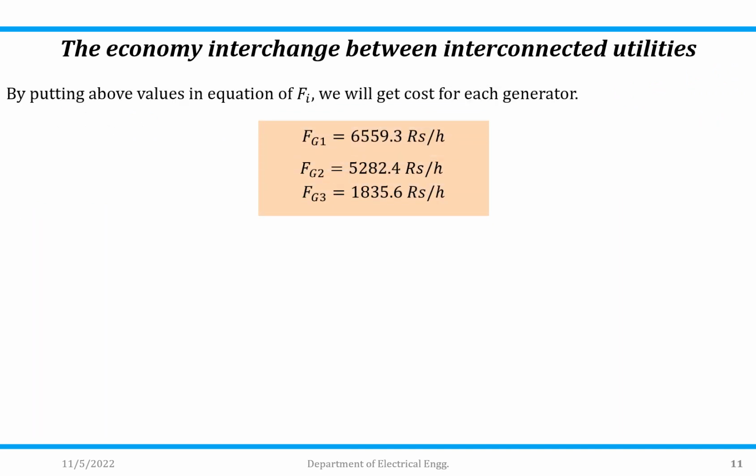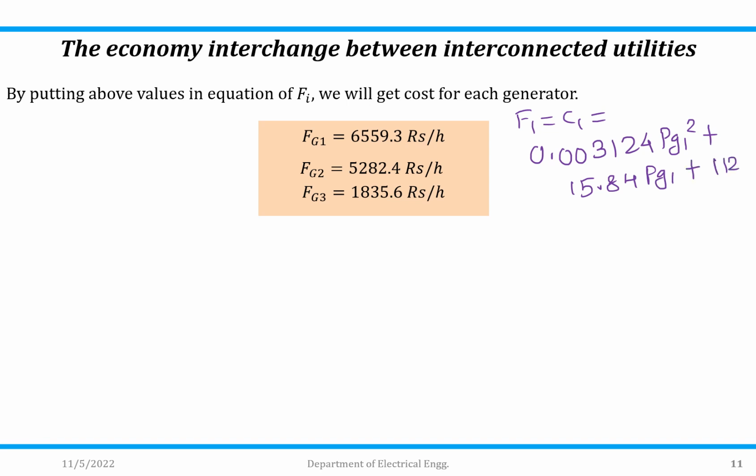Now by putting this in the cost equation, what was the cost equation? We know that F1 or C1 was given as 0.003124 into PG1 square plus 15.84 into PG1 plus 1122.